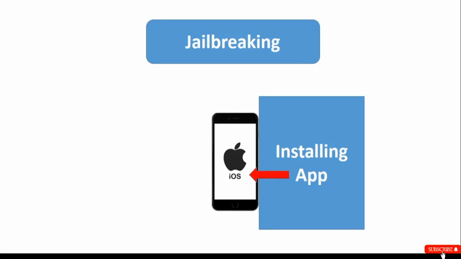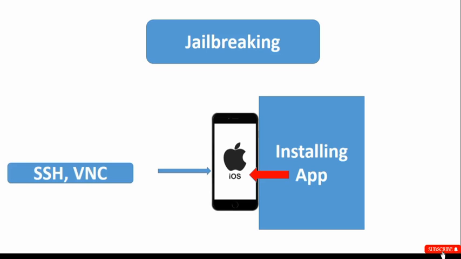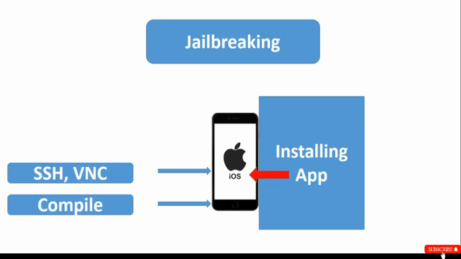By now you know that you can jailbreak an iOS device by using tools or by simply visiting some websites. Basically the goal is to perform a privilege escalation attack, to install custom themes, install applications or extensions to applications. You can also configure the device to allow remote access either via SSH or via VNC. You can also install other auditing software or even compile software directly on the device.